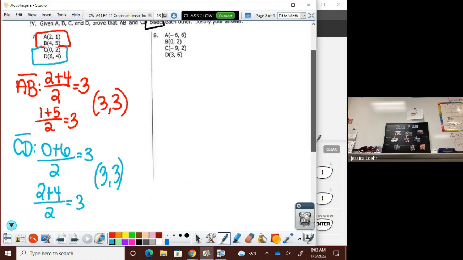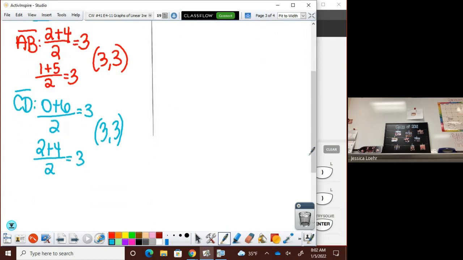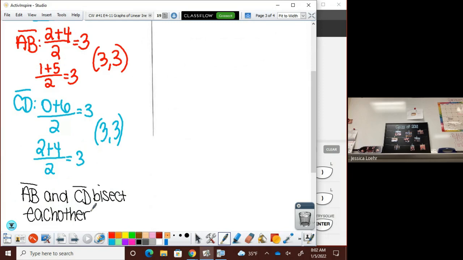So then when you're writing your sentence, you're writing what you have to prove, which is AB and CD bisect each other. And you're telling me why.